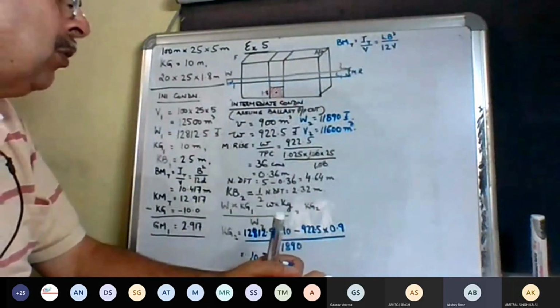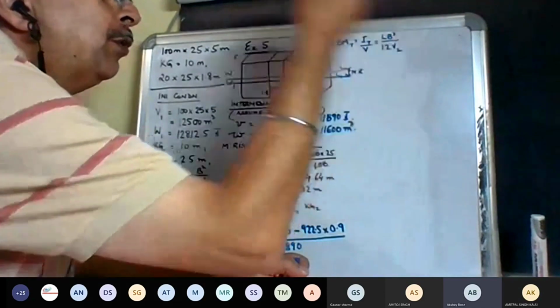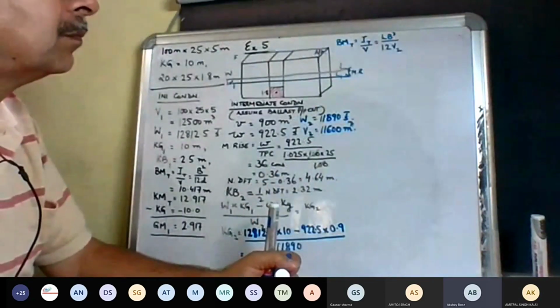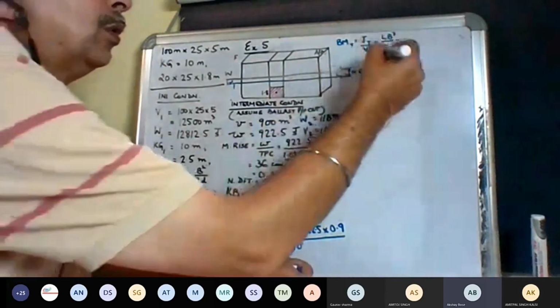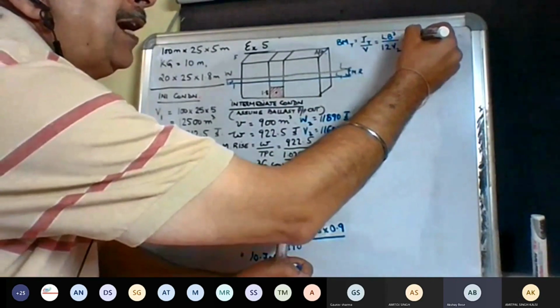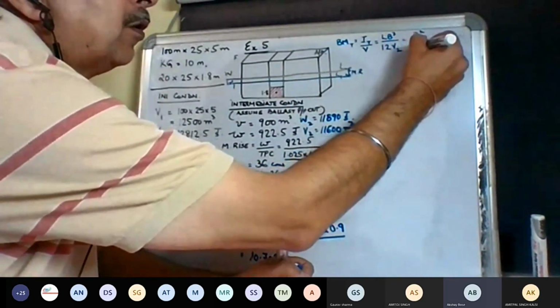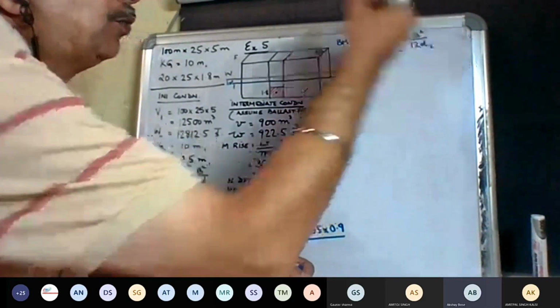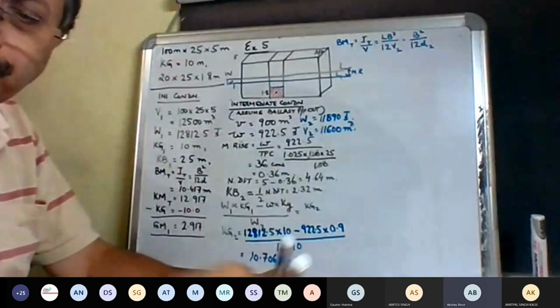Which volume are we talking about? Volume 2. Correct, absolutely right. So V2. Can I write this as a shortcut? B square upon 12 d2. Are you okay with this? How I have got it?